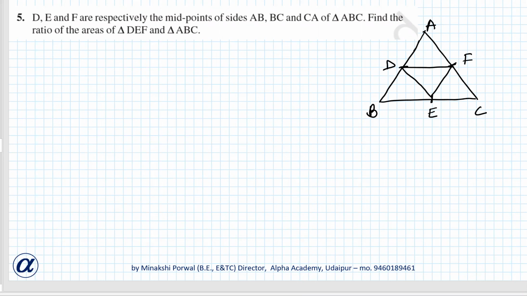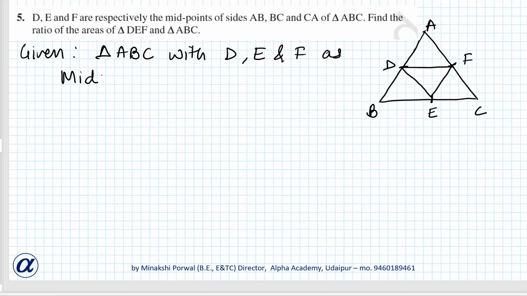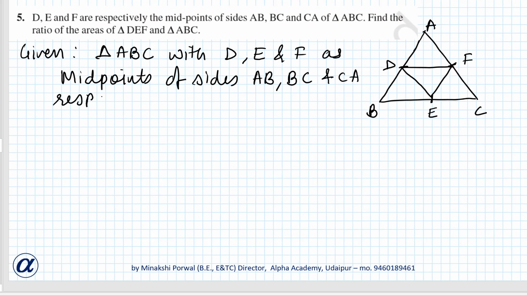Okay. Now, given triangle ABC with D, E, and F as midpoints of sides AB, BC, and CA respectively.